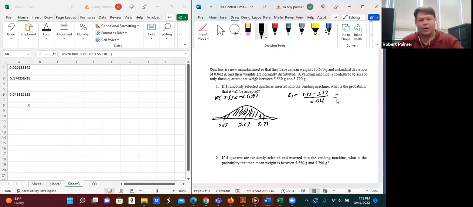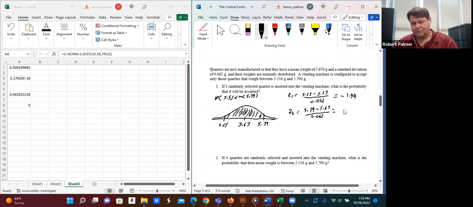I got about negative 1.94. Now let's call it z2, the higher end: 5.79 minus 5.67 over 0.062. If I do that, it's basically the same value except positive. That's not a coincidence, that's the way this problem is set up.